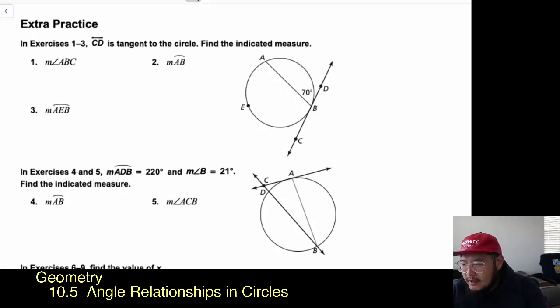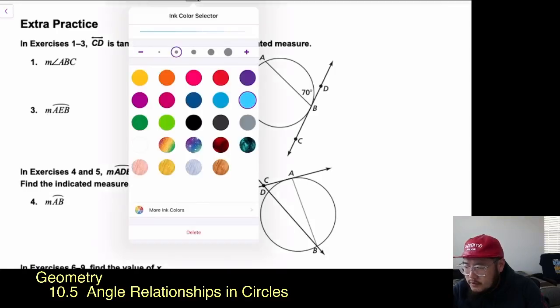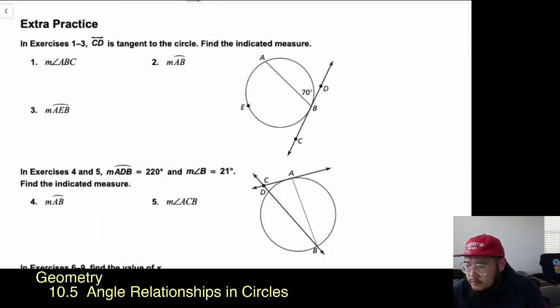So if I'm taking a look at angle ABC, okay, I'm trying to figure out this angle right here. That one's not too hard, because think about it. Line CD is a straight angle, 180. And I know that right here, angle ABD is 70. So don't forget, we have ourselves a linear pair.